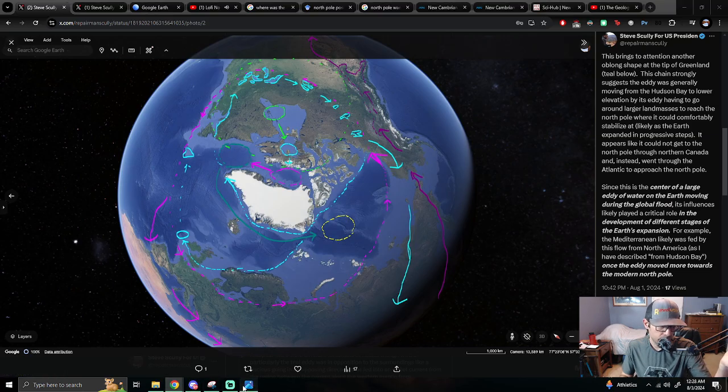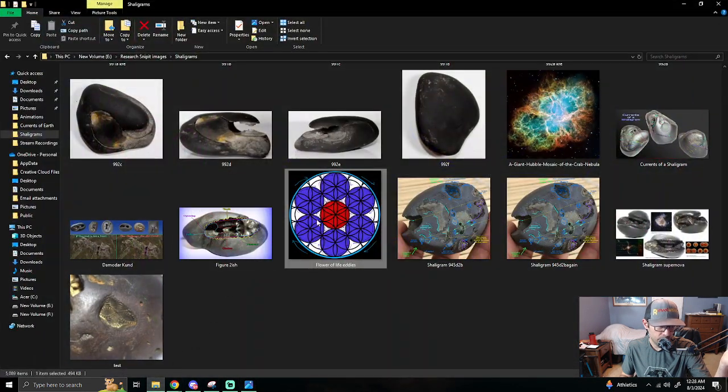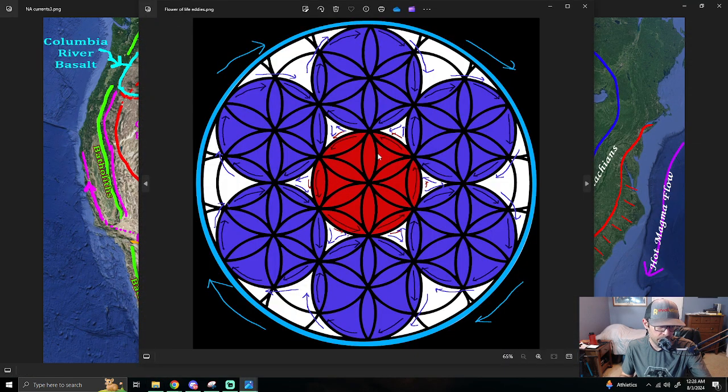Kind of doing the flower of life thing somehow. If there's something rotating here, then around it would start rotating this way, going with it, but ultimately going this direction.